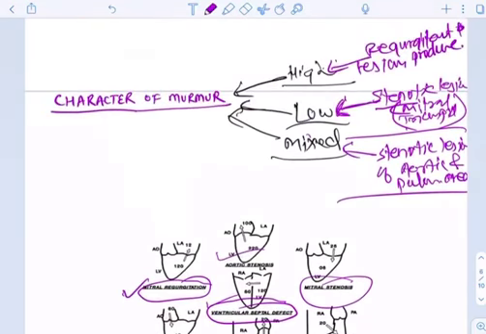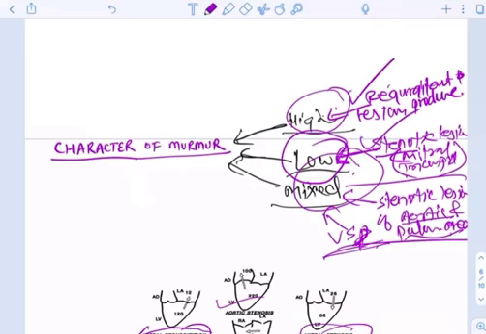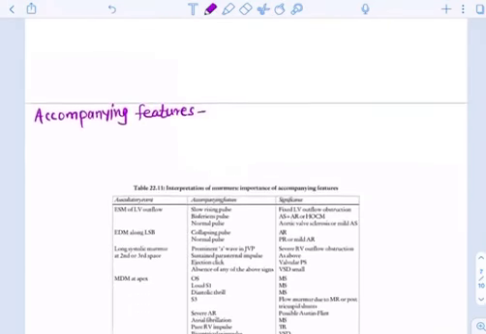One good example is VSD also, ventricular septal defect, where there will be mixed frequency. So never be confused. If the lesion is regurgitant, the pitch will always be high. If the lesion is stenotic, pitch will always be low. And in cases of aortic and pulmonary area murmur, it will be mixed.